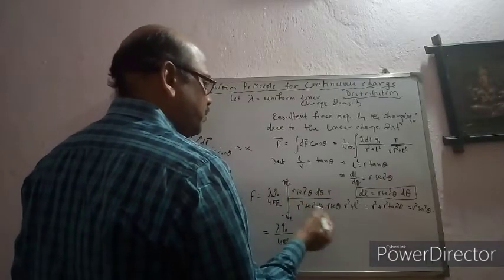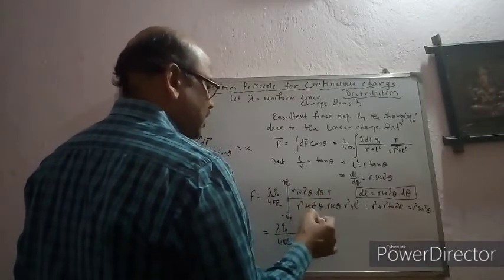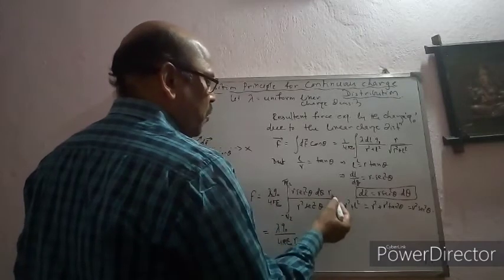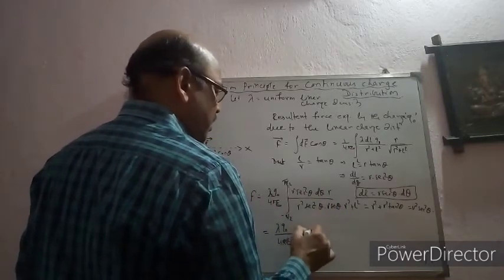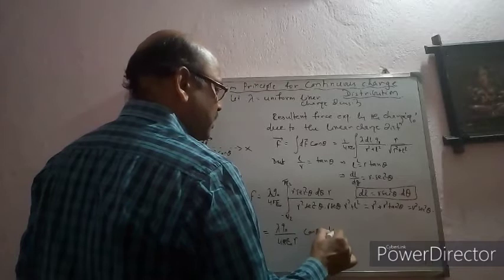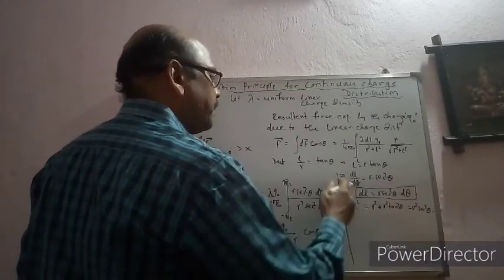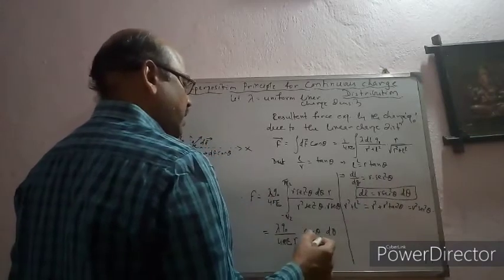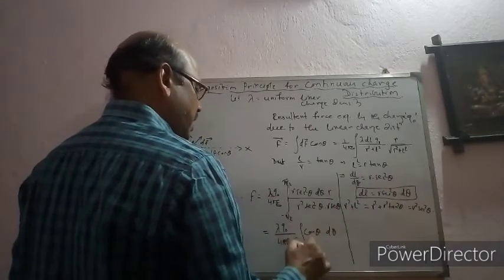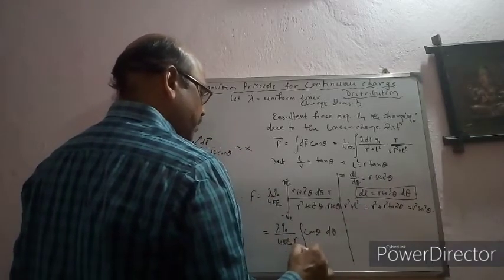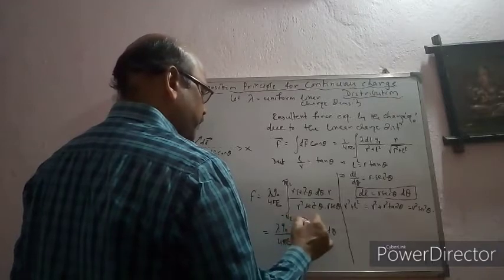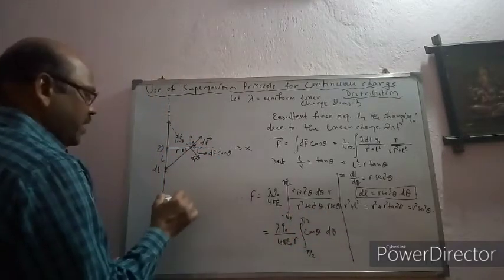This is R cube cancelled, sec square theta cancelled, 1 by sec theta is cos theta, so it is cos theta d theta. This part is on the right side, so it is the integration of cos theta d theta from minus pi by 2 to pi by 2. What is this value again?